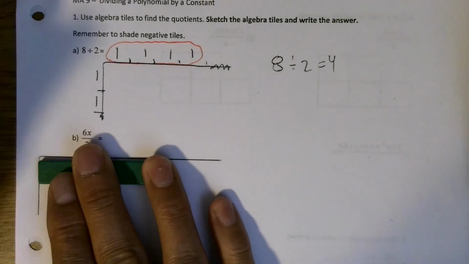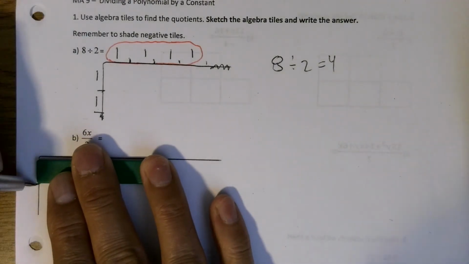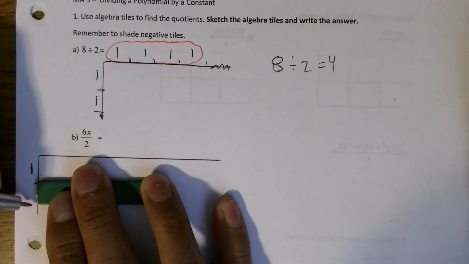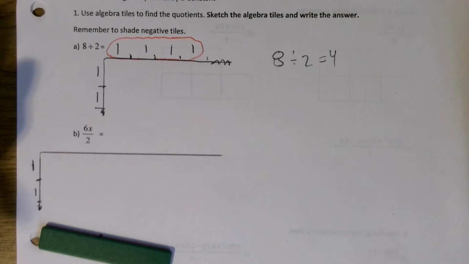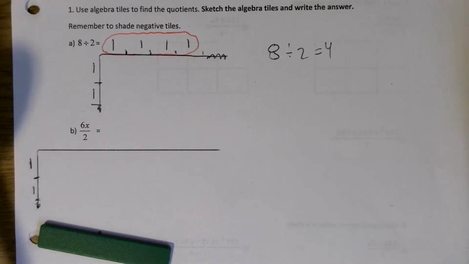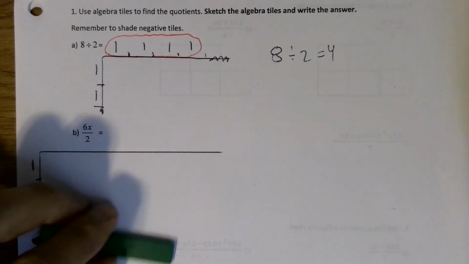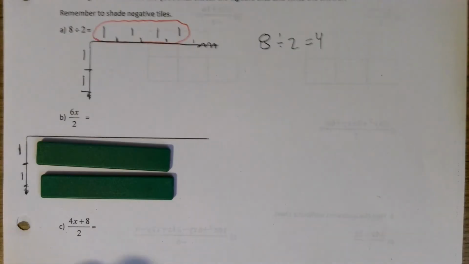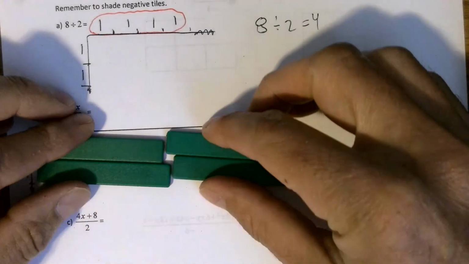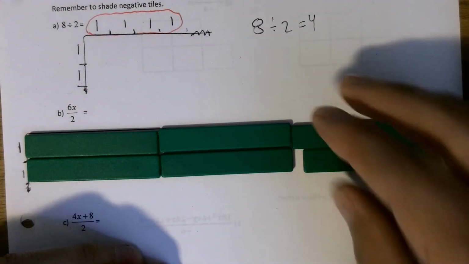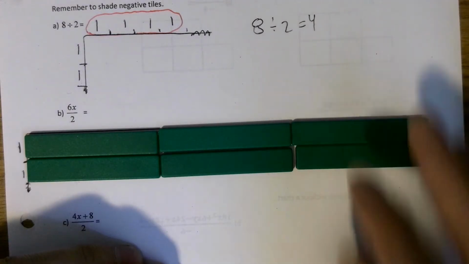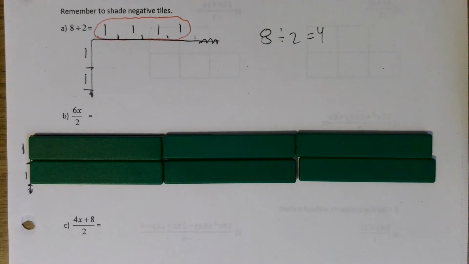Notice the only reason I'm labeling the left side as 2 and not the top side as 2 is so it fits on this page. If you have another piece of paper and you want to label the top as 2, you could do that. Okay, and now we need to build our rectangle. And now you can see why I started so far over to the left.